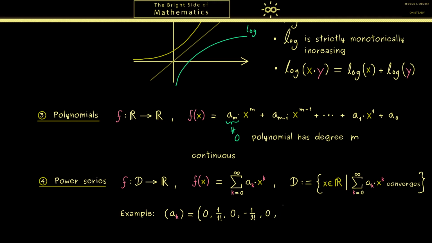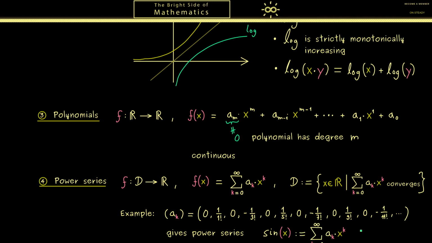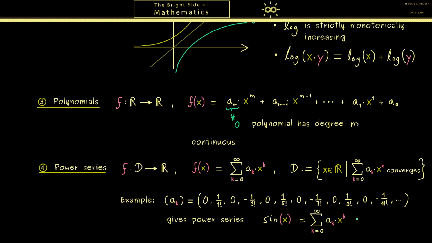Then not so surprising, we have 0 again, and then 1 divided by 5 factorial. Then 0 and then minus 1 divided by 7 factorial. Okay, with this I think you see what the whole rule is and that you can continue it. And now this sequence gives us a power series we usually call sine of x. Also, it's not hard to check that the whole real number line is the domain D.